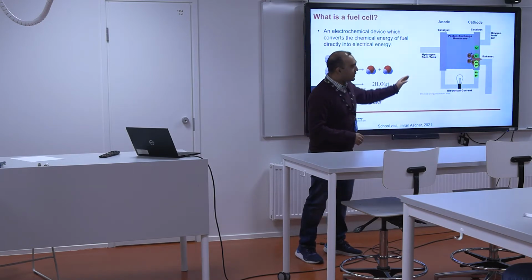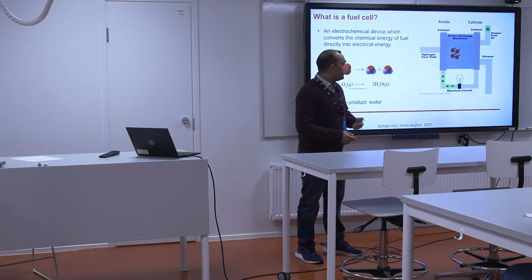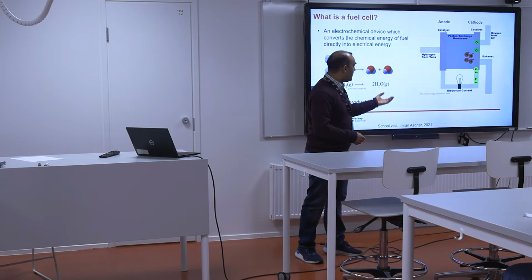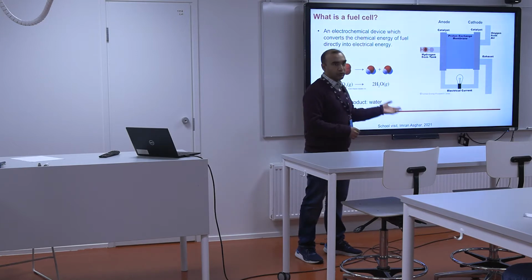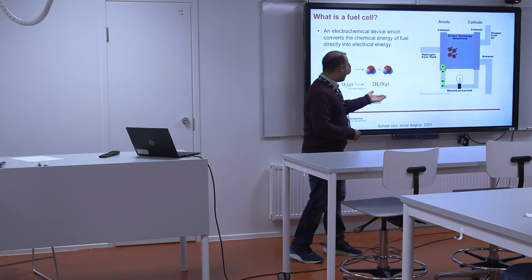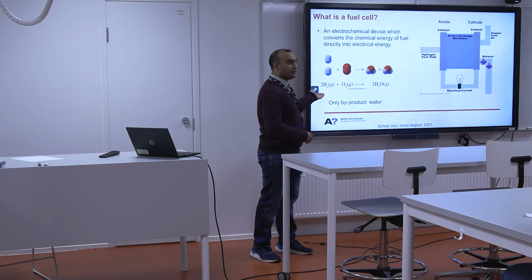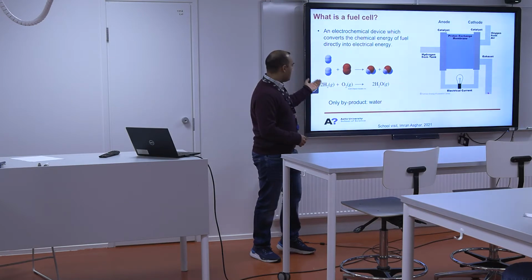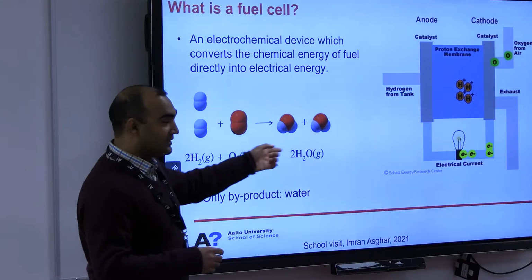On the other side of the fuel cell, where we have the cathode, a reduction reaction happens. Basically these protons react with oxygen ions and they form water. That's the overall reaction: we have two molecules of hydrogen, we have oxygen, and we get water, and we get electricity there.